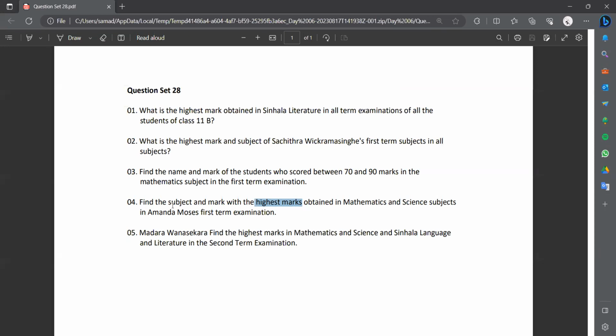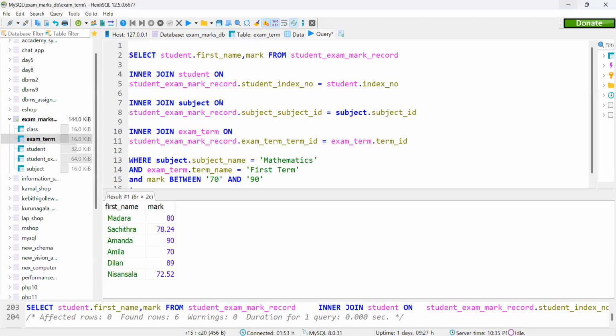They are asking about the marks Amanda Moses scored in mathematics and science subjects in the first term. Let's see how we did this.